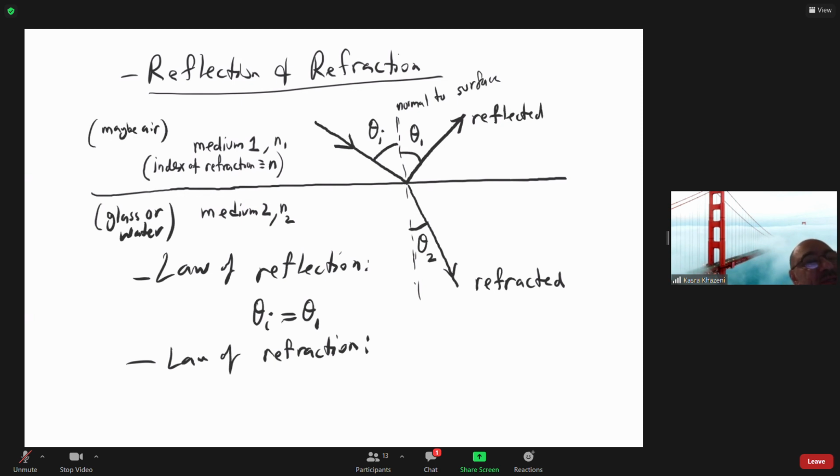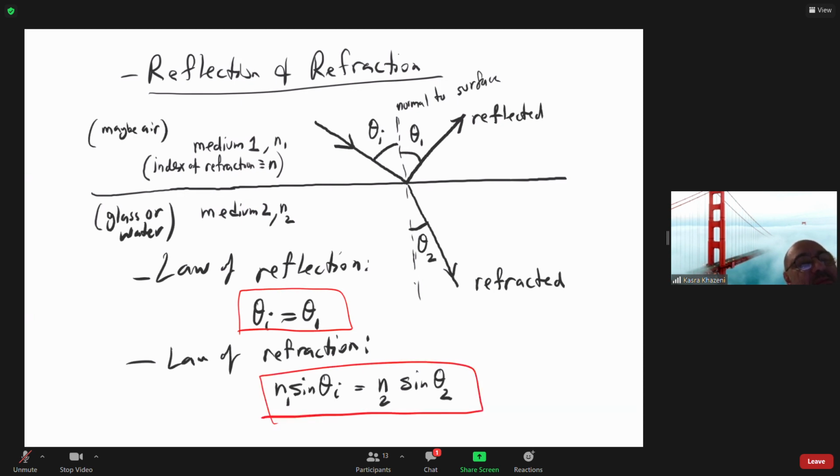That one is n1 sine of the angle of incidence is equal to n2 sine of the angle of refraction. These two you want to know by heart. We can do some examples to see how these two rules govern when light passes from one medium to another.